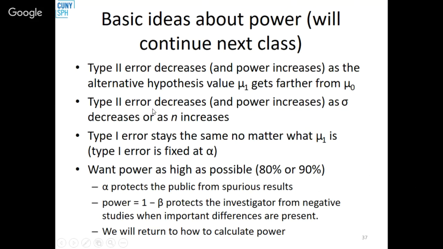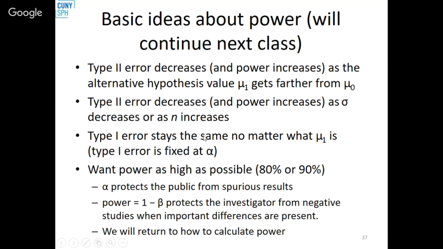Conversely, type 2 error decreases and the power increases as the variability decreases. If there's very little natural variability within the populations, it becomes easier to see the same difference in the populations, or as your sample size increases, because as sample size increases, your sampling variability in the mean decreases.